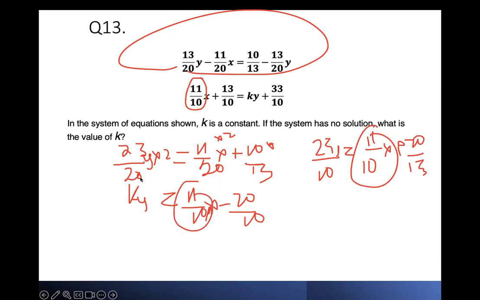And therefore, what do I have right now? What do you think? K of ky is equivalent to 23 over 10. And therefore, they want you to calculate k. That's all. What should it be? Your k is right there staring at you. That's the way you solve this kind of question.